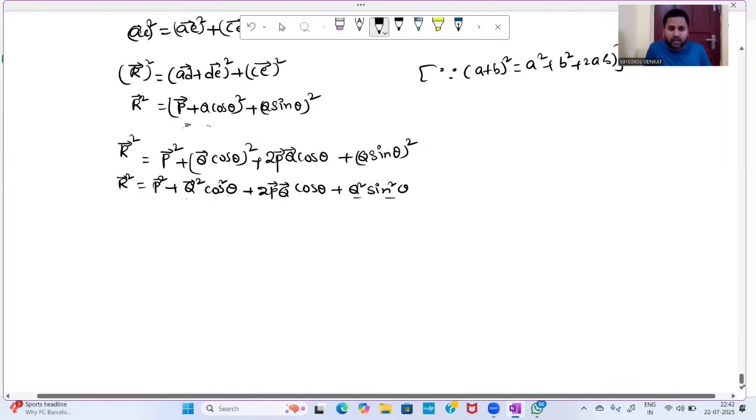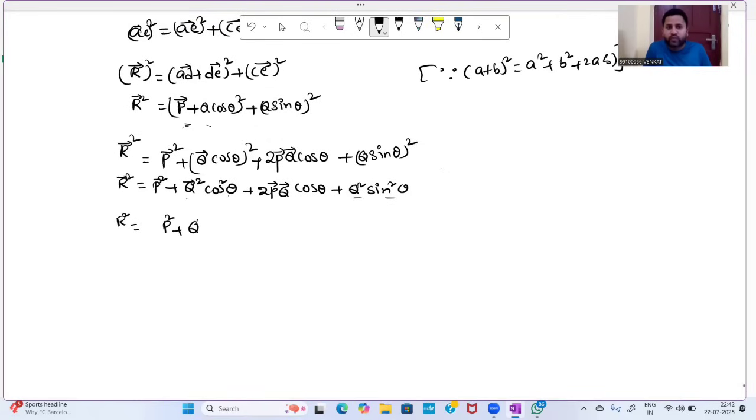Then we can write R square equal to p square plus q square, taking the common, cos square theta plus sin square theta, plus the remaining term 2pq cos theta. Now we know the trigonometric identity cos square theta plus sin square theta equal to 1.